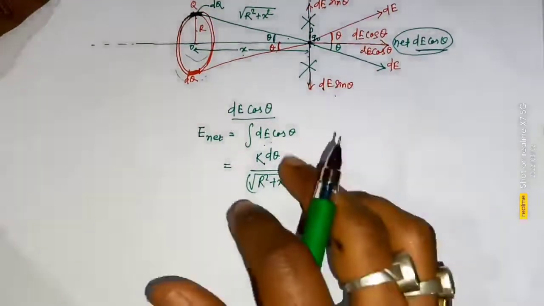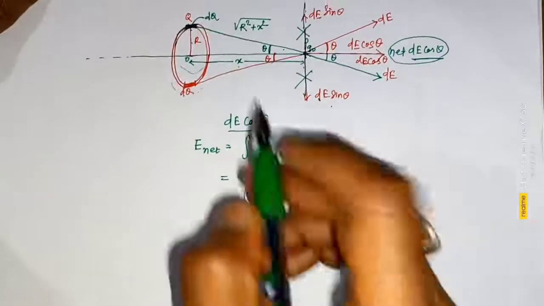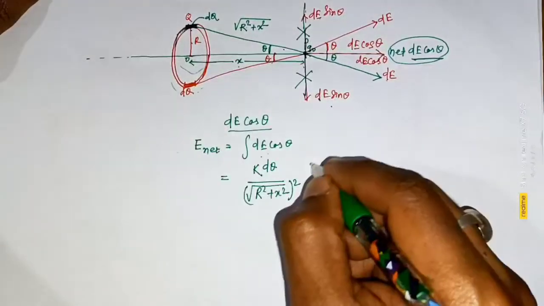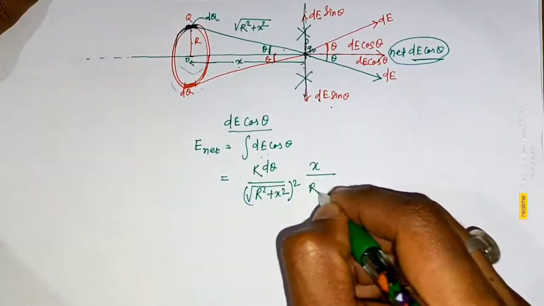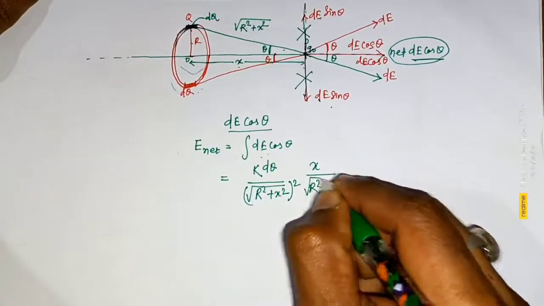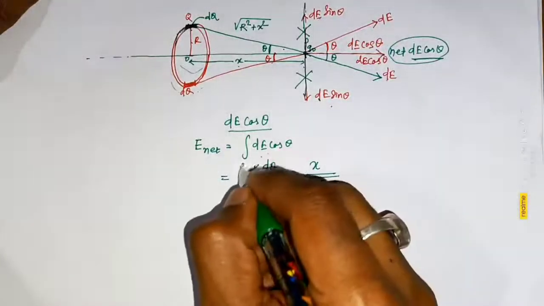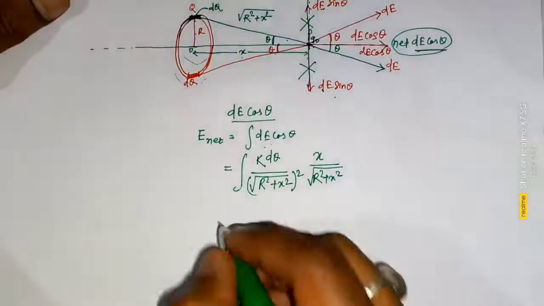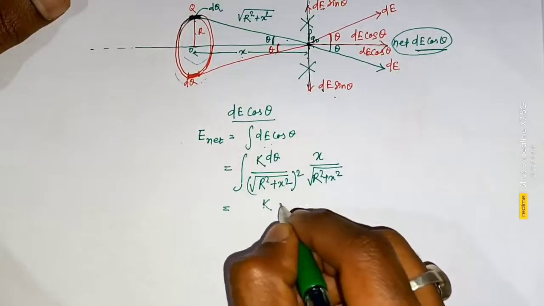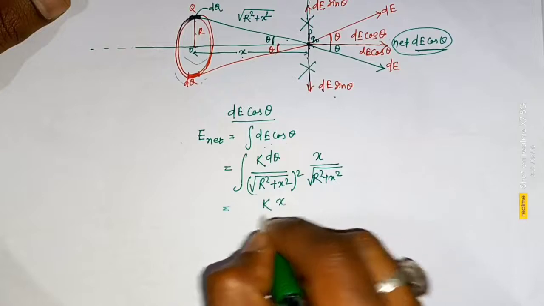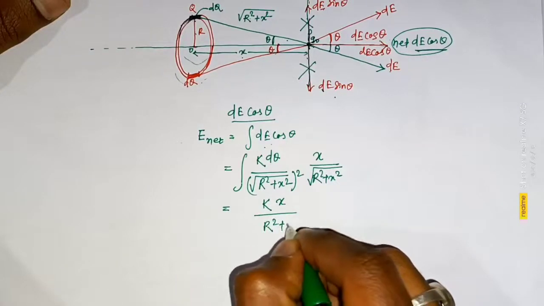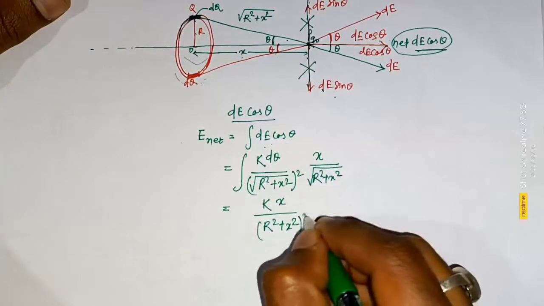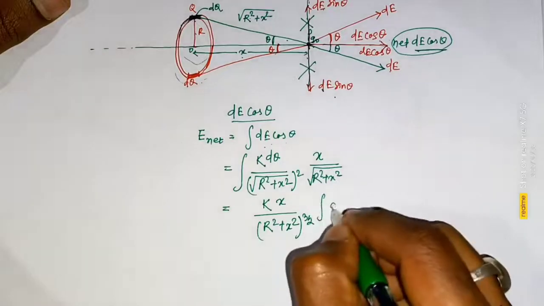And what is cos theta? If you look at this diagram, this is x upon square root of r square plus x square. And the integration is here. If I proceed like this, I will reach kx upon (r square plus x square) to the power 3 by 2, times the integral of dq.